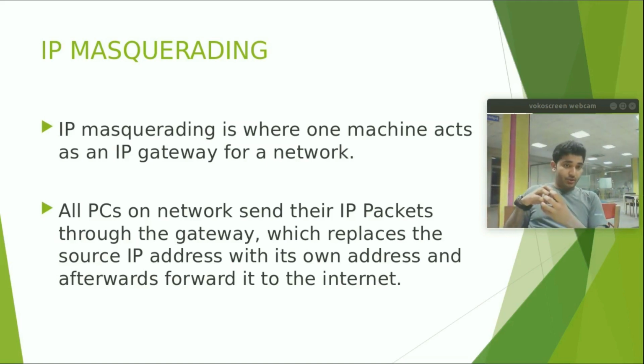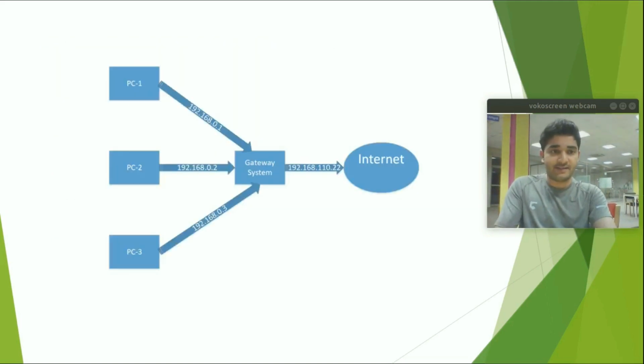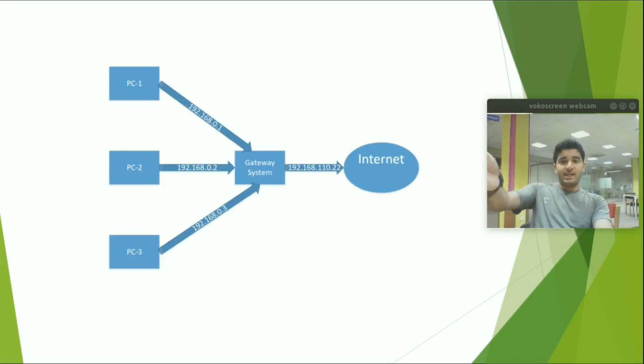In our case, I have the diagram above here. If you see the diagram, we have PC1, which is a private system, PC2 and PC3. All three private systems have different IP addresses.